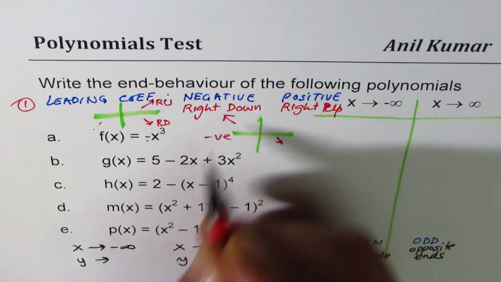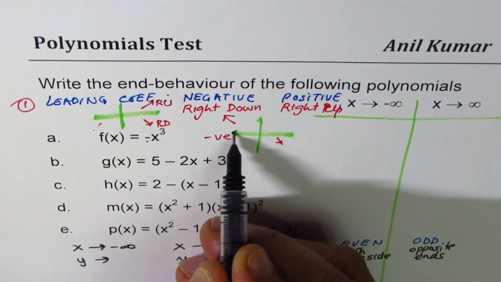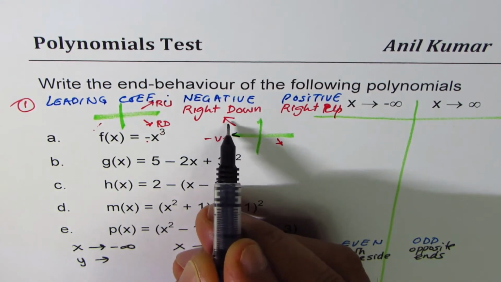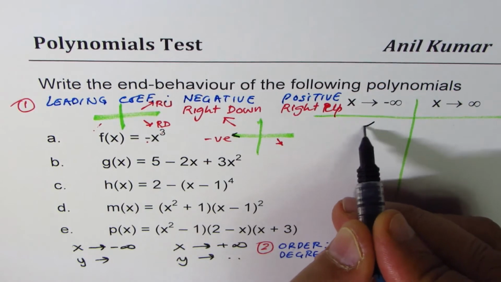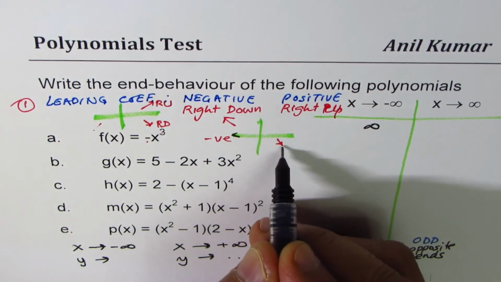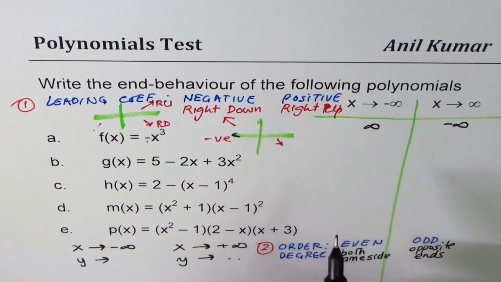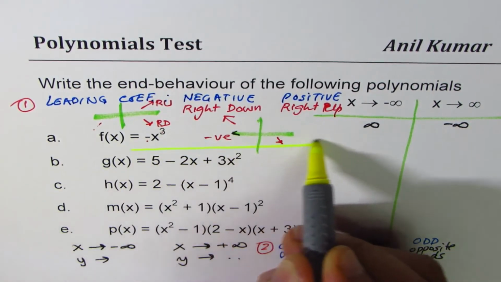So that is the end behavior. Now you can write, if x approaches minus infinity, the function approaches positive infinity. And when x approaches positive infinity, it goes to quadrant 4 towards negative infinity. That is how you get the end behavior of the first function.